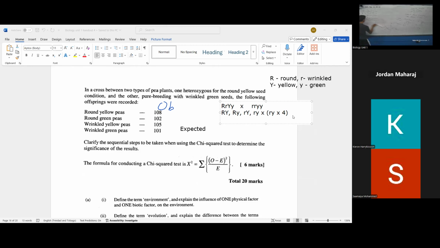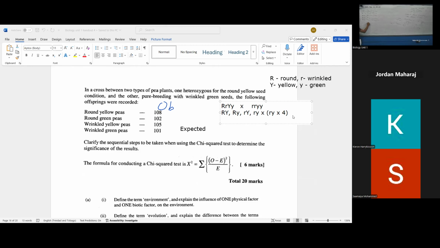So again, we have 16 combinations here. We need to figure out the ratio. We're doing the phenotypic ratio. We can only get four types of peas. What are the four types of peas?